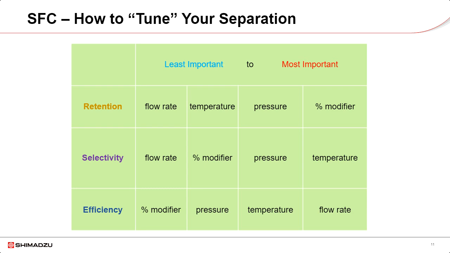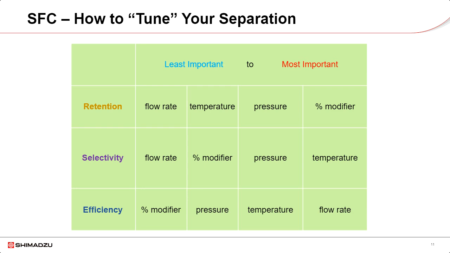So in this chart, we show how modifications of things like flow rate, temperature, and percent modifier affect retention, selectivity, and efficiency, and thus resolution. Typically for reverse phase and other liquid chromatography, you only have 3 of these parameters, but in SFC you have a 4th parameter, which is pressure.